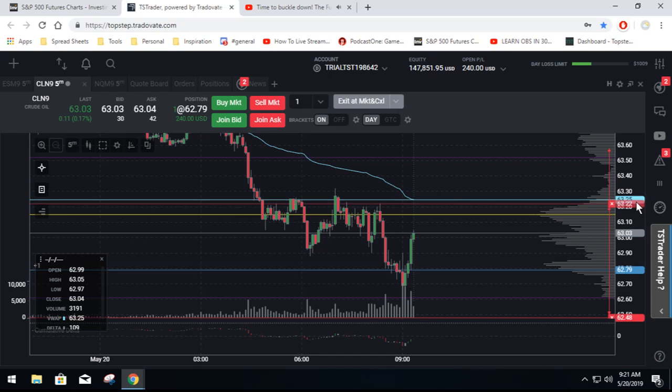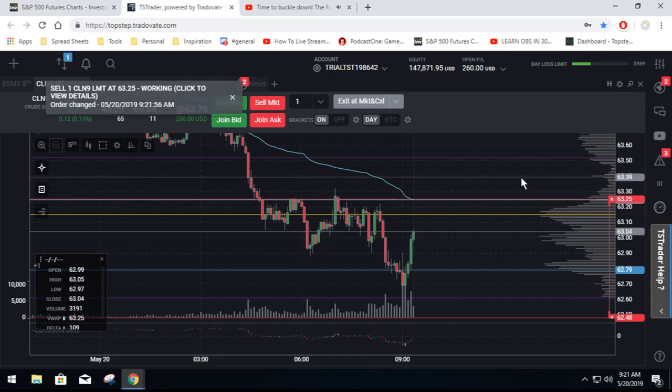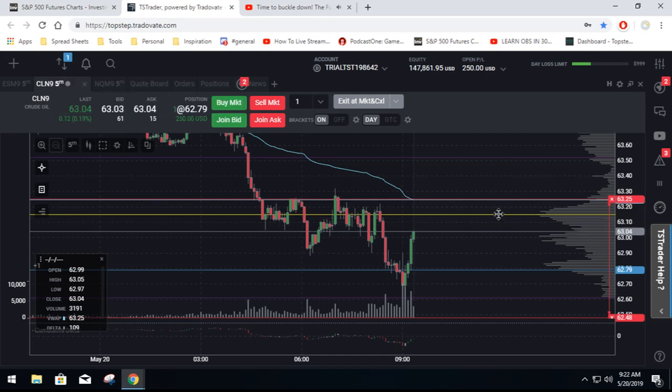I look at VWAP as exit. Monitor the POC.